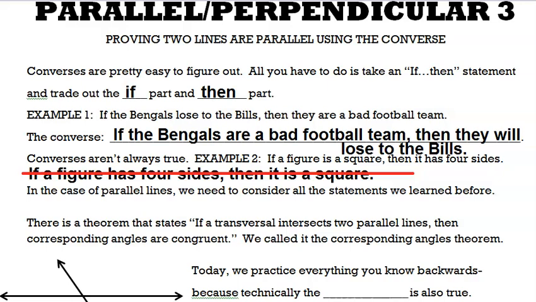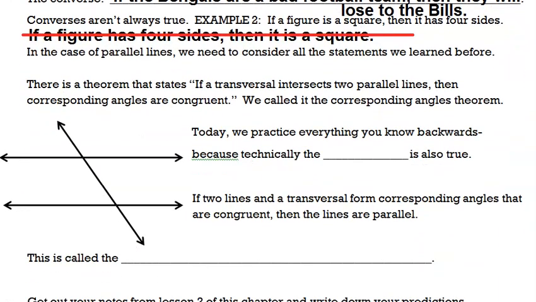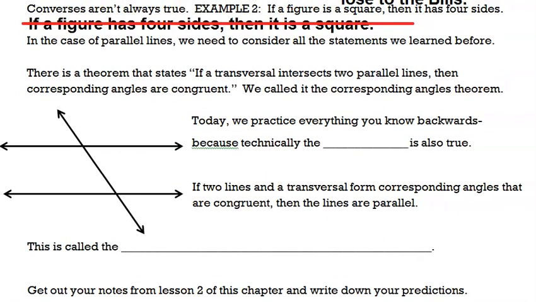Okay, so we're going to jump into bringing yesterday's lesson, or I guess whenever you did it, into today's. So we're going to consider all of the statements that we learned before. For instance, if a transversal intersects 2 parallel lines, then corresponding angles are congruent.